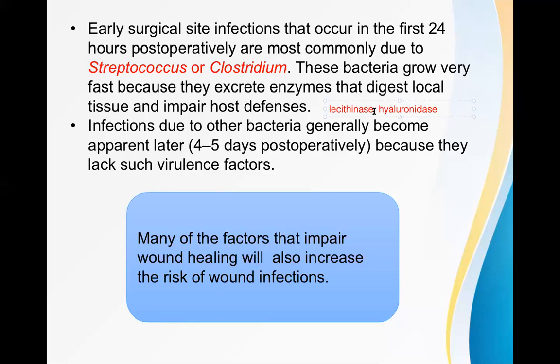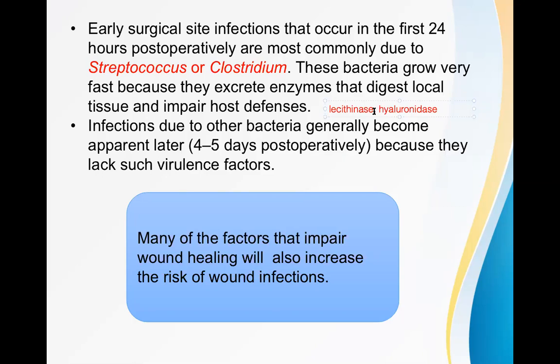Now, among them, according to our topic, the important one here is Clostridium perfringens. If some serious trauma to the tissue occurs, and somehow they develop ischemia, there is a high chance of growth of this anaerobic organism. Clostridium perfringens is one of them.